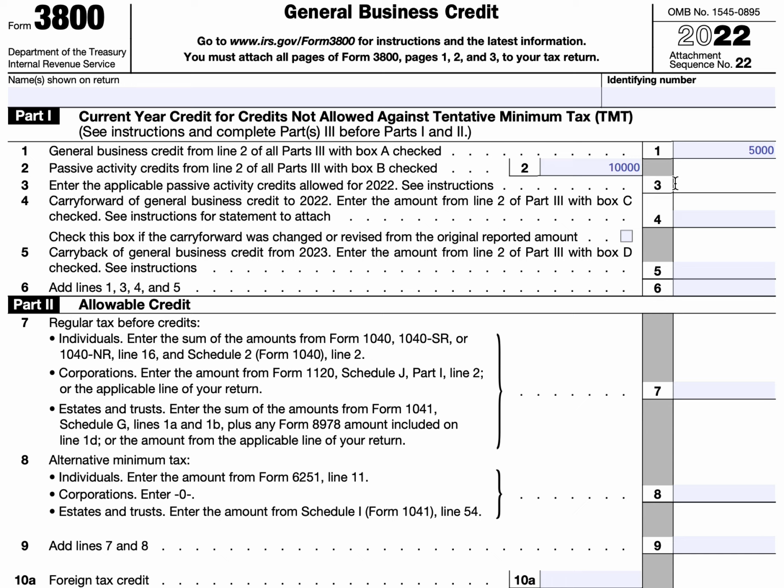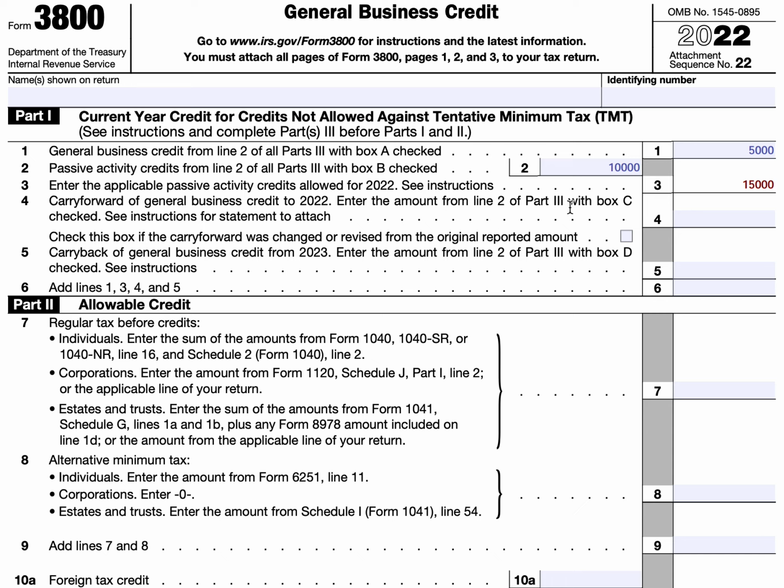We would then add that to the $10,000 and it would result in a $15,000 applicable passive activity credit. This is the passive activity credits that were previously disallowed plus the $10,000 we just put into line 2.